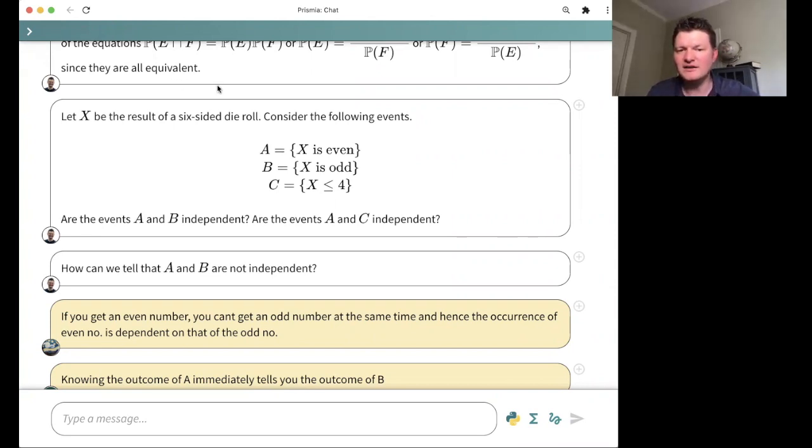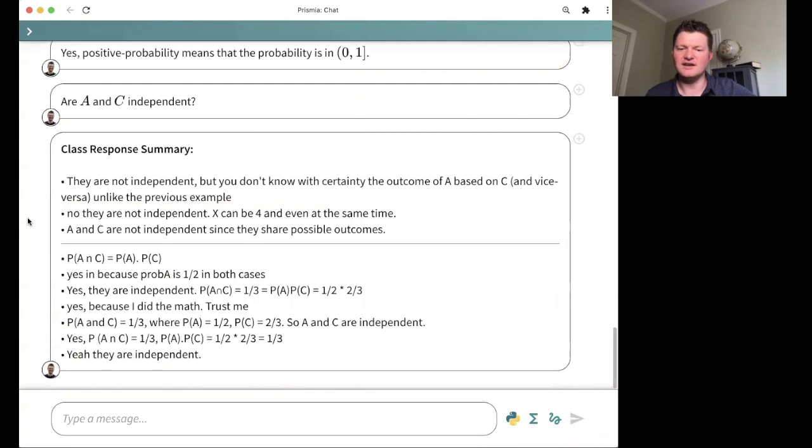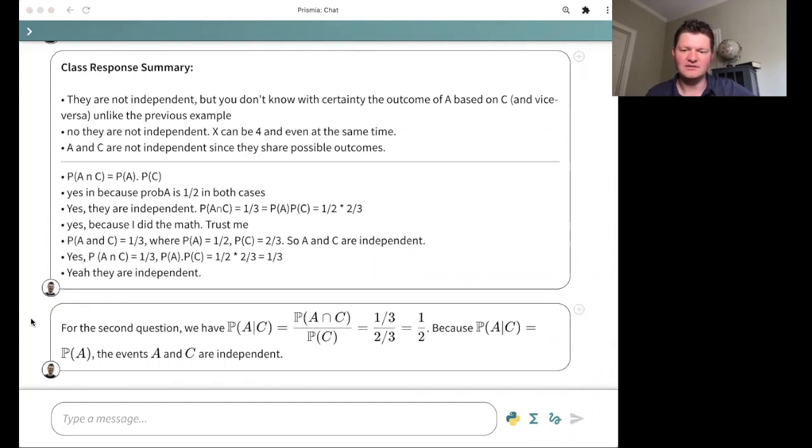So sneakily, a die roll is kind of two independent experiments being run together in one go. And from that point of view, you can set it up where C is pertaining to one of the sources of randomness, the three-sided die roll, and A is pertaining to the coin flip. So there's something kind of subtle going on here beyond just checking the definition and, oh, it works out. But in any case, checking the definition is adequate to confirm that these events are independent.